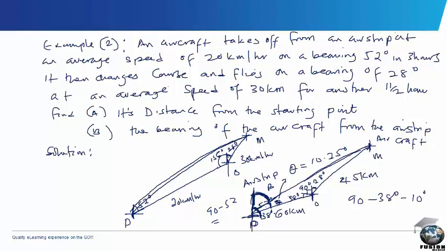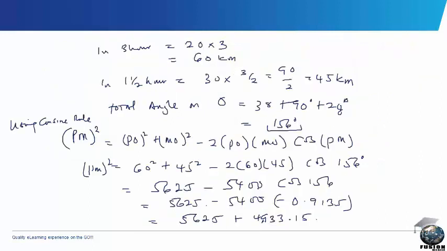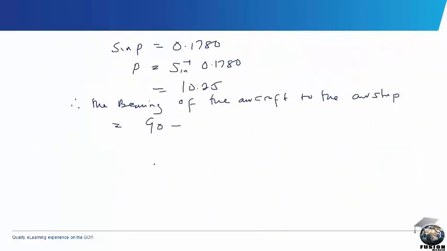We subtract 38, we subtract 10, and what we are left with is beta. So I have 90 minus 38 degrees minus 10 degrees, which is equal to 90 minus 48 degrees. And so we have that the bearing there is equal to 42 degrees.